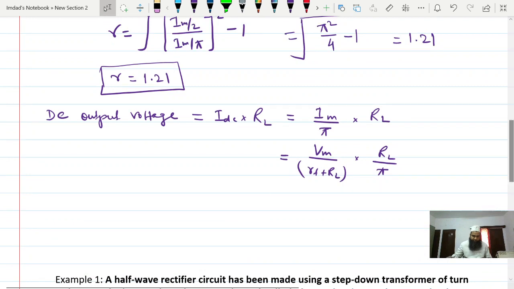This can be further simplified as Vm upon pi into 1 plus Rf upon RL.